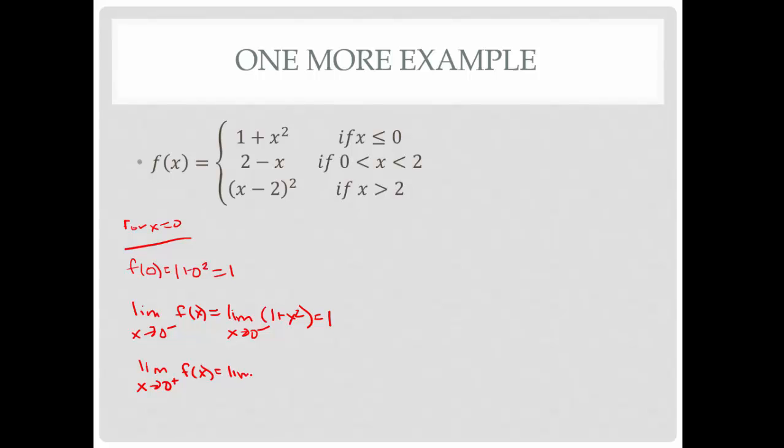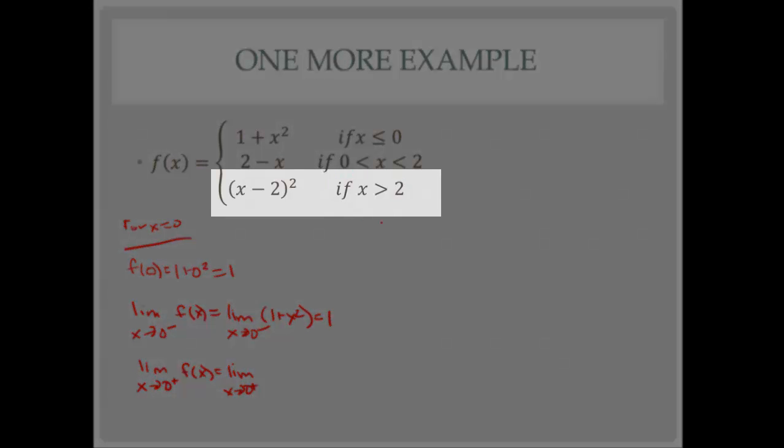We want to next find the limit as x approaches 0 from the right on the function, and we need to figure out which piece to use in order to calculate this limit. Now you want to be just a little bit careful on this, because you are approaching 0 from the right, which means you're coming at 0 from numbers slightly larger than 0. If you look at this bottom piece, this is the piece you use if x is greater than 2.